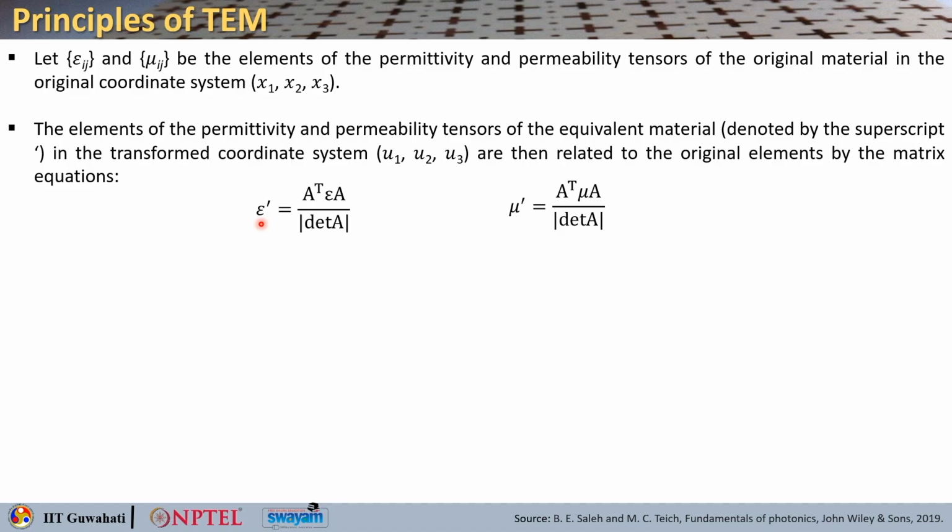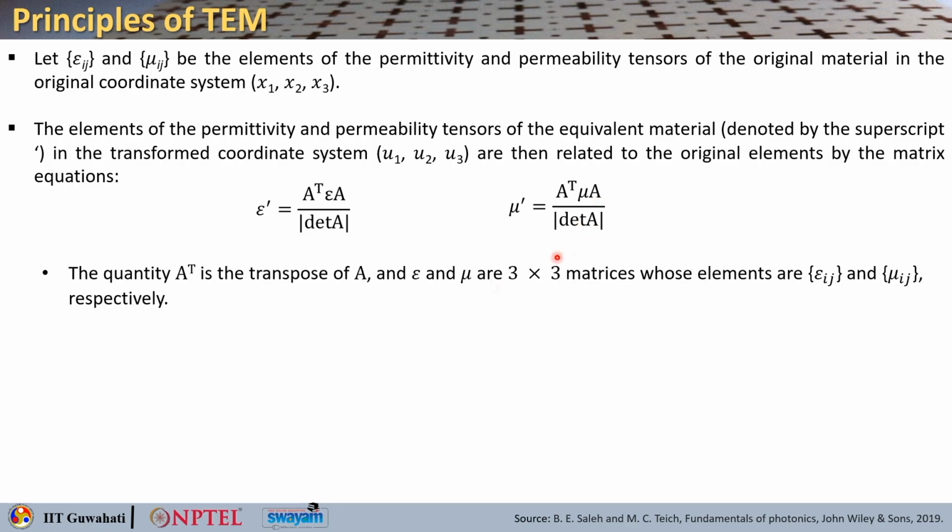The new permittivity epsilon prime will be A transpose epsilon A divided by determinant of A. Similarly, mu prime will be A transpose mu A divided by determinant of A. Now, what is this A and A transpose? A transpose is basically the transpose of A. Now, A is the most critical thing here, we are coming to that.